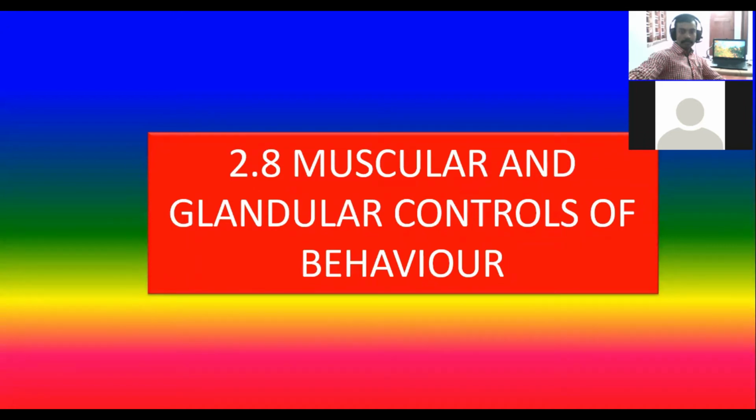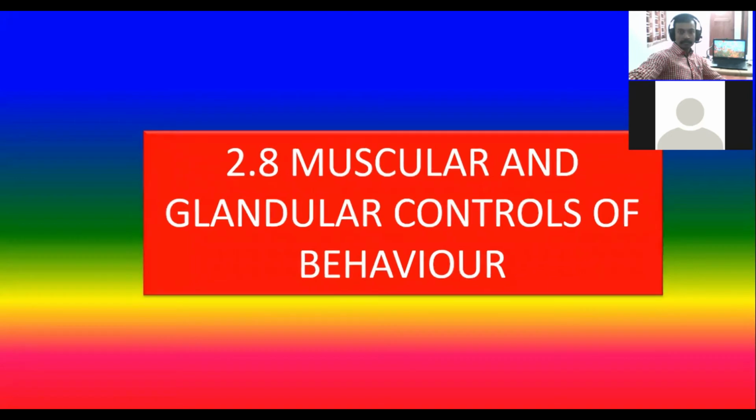Muscular means the muscles in the human body. Glandular means glands, endocrine and exocrine glands. How do they control behavior? We are dealing with this in this section.